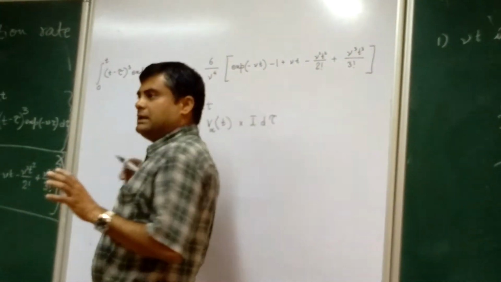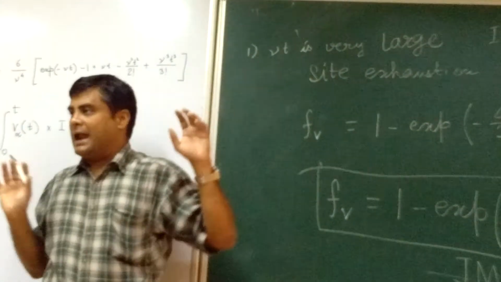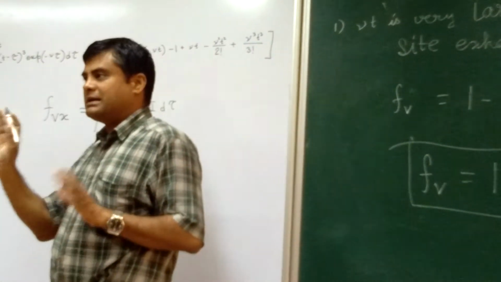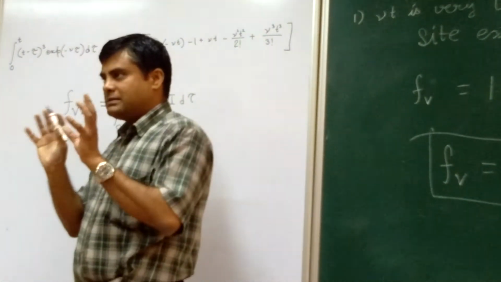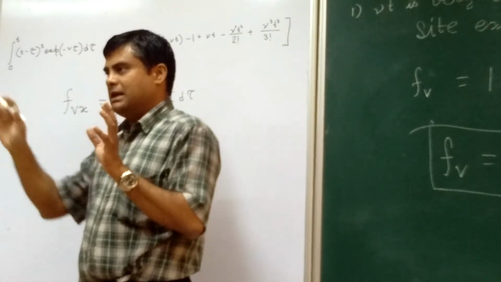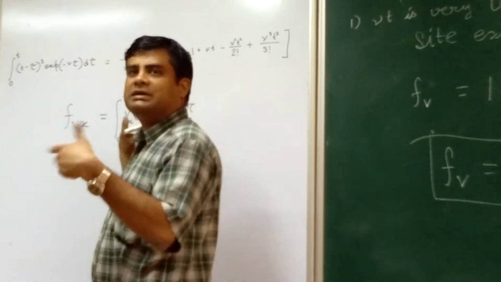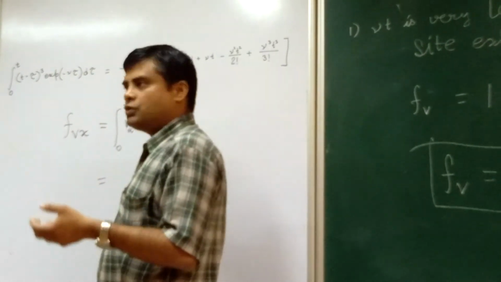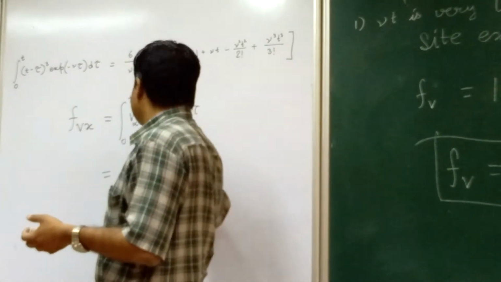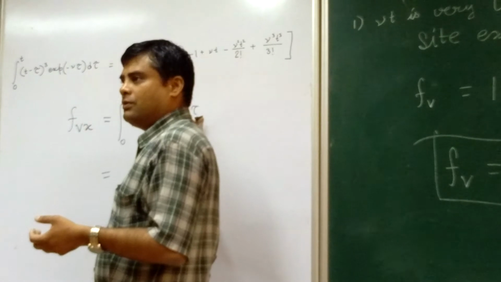If the nucleation is very large, that means at the beginning only there were a certain number, n naught, of nuclei. Those are growing immediately, so there are no new nuclei forming. So we do not need this integration from 0 to tau.